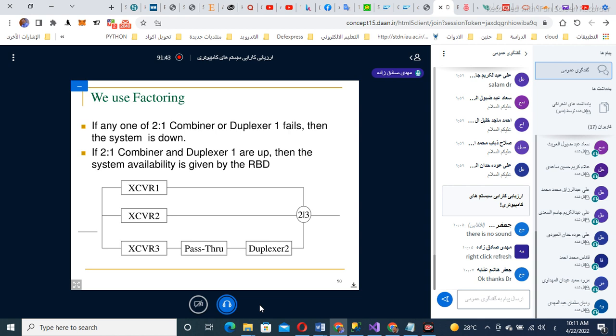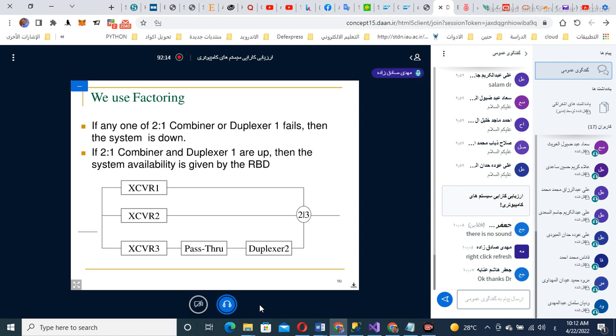We use factoring: if any one of the 2 to 1 combiner or demultiplexer 1 fails, the system is down, because we have only 1 combiner and 1 duplexer, and that is in series. If the 2 to 1 combiner and duplexer are up, then the system availability is given by the reliability block diagram here.